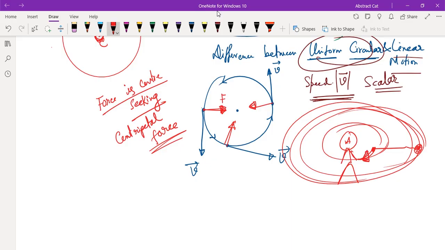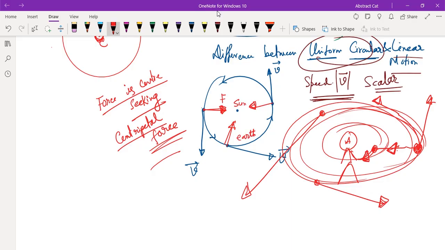If the person releases the stone, it goes off tangentially. If the person releases that stone, it goes tangentially. That center-seeking force is called the centripetal force. It is the same kind of force that attaches the sun and the earth.